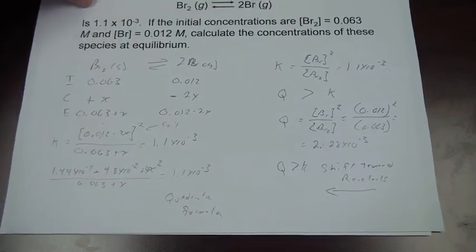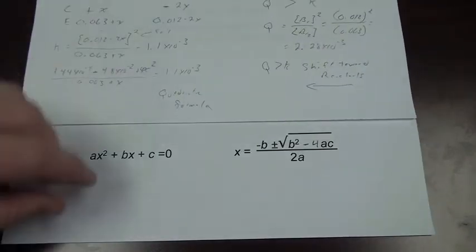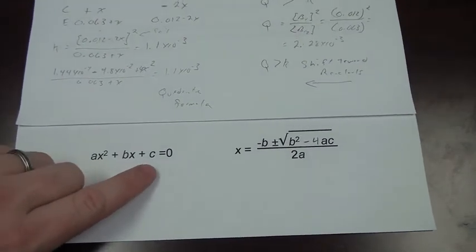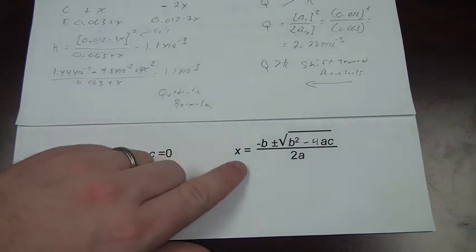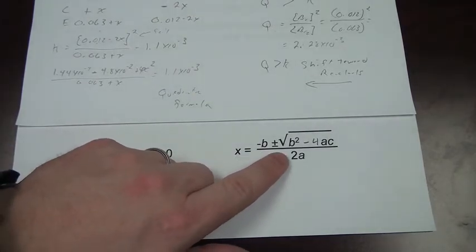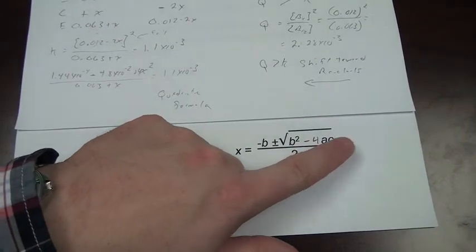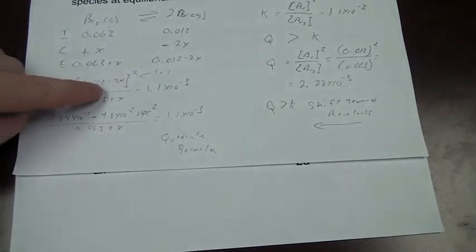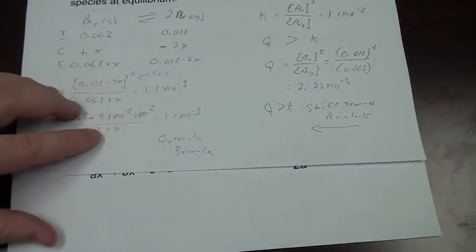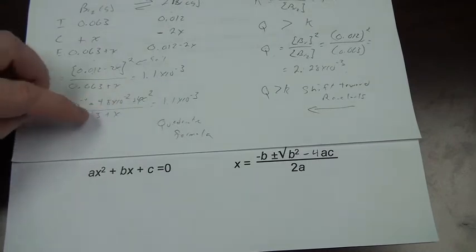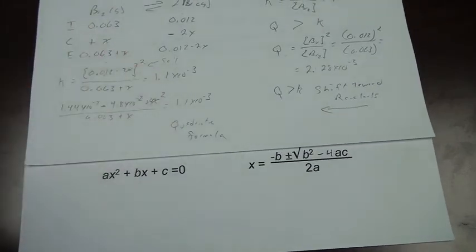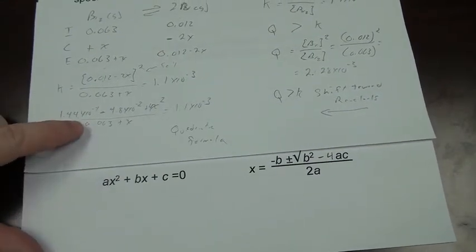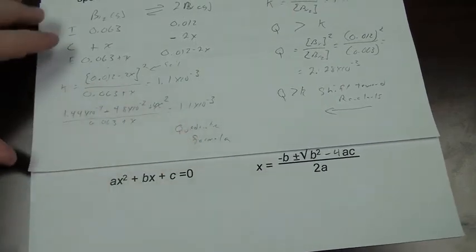And if you don't remember the quadratic formula, it is for a quadratic equation where we have ax squared plus bx plus c is equal to 0, then x can be solved by taking minus b plus or minus the square root of b squared minus 4ac divided by 2a. So then we have to simplify this and set it equal to 0. So we're going to combine like terms and set it equal to 0. Like I said, we're going to simplify this into this form and then stick it into that equation.